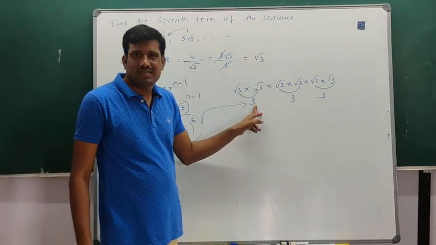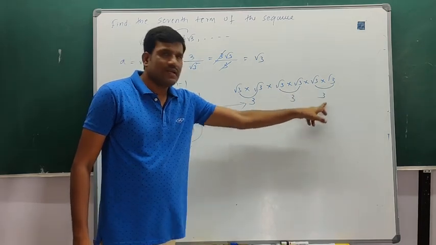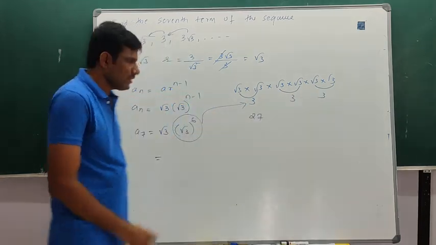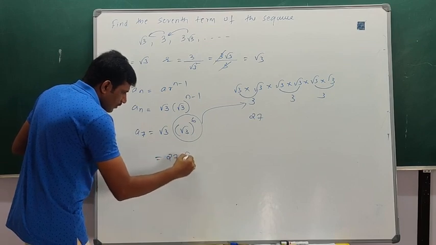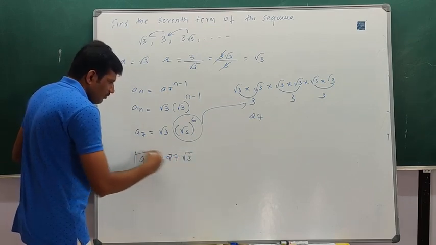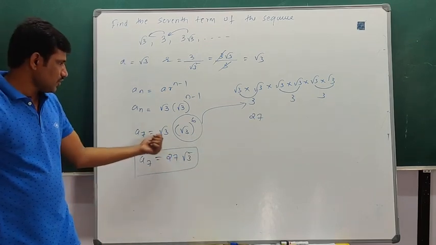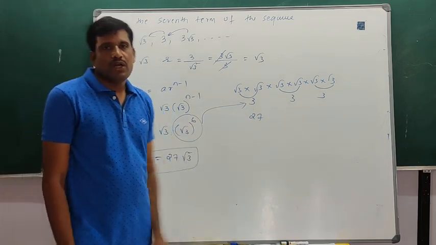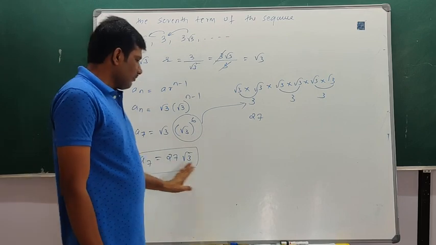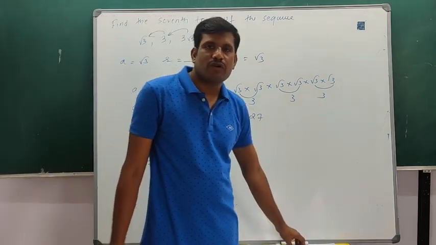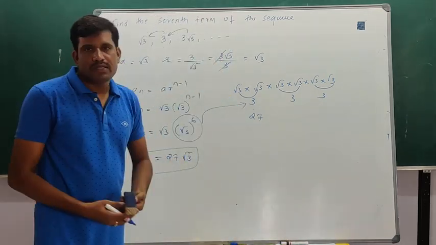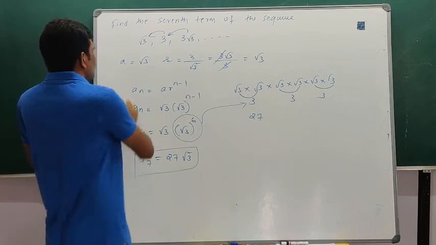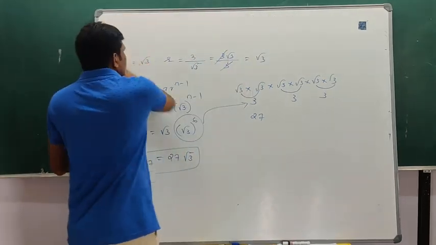Root 3 into 27 is 27 root 3. So that is the seventh term of the given sequence. This root 3 I can write as it is. So the seventh term of the given sequence is 27 root 3, right?